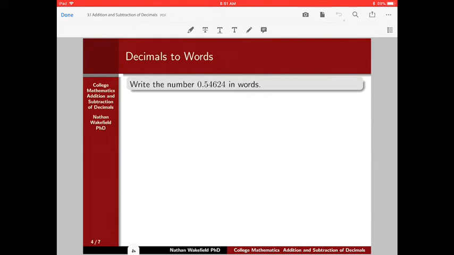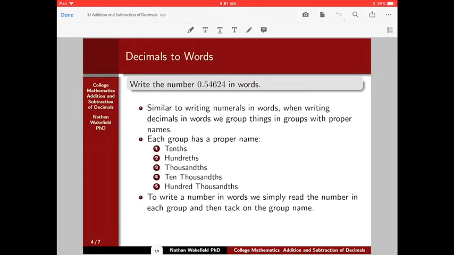So let's start off with something very simple. I'm asking to write the number 0.54624 in words. In order to do this, we need to come up with names for each of the place values. Just like with whole numbers, we had place value, with decimals, we have place value.